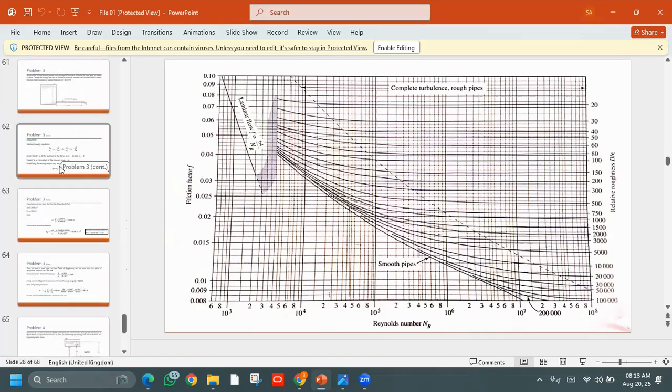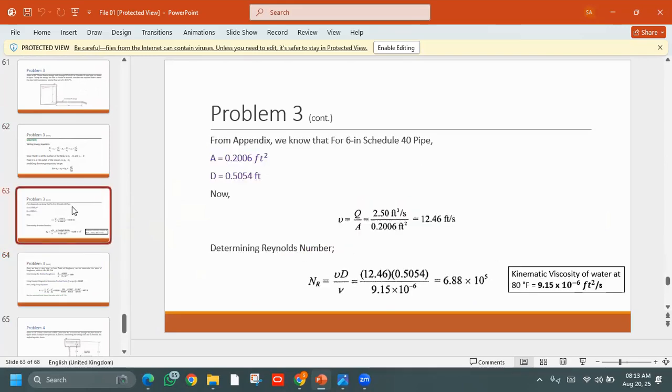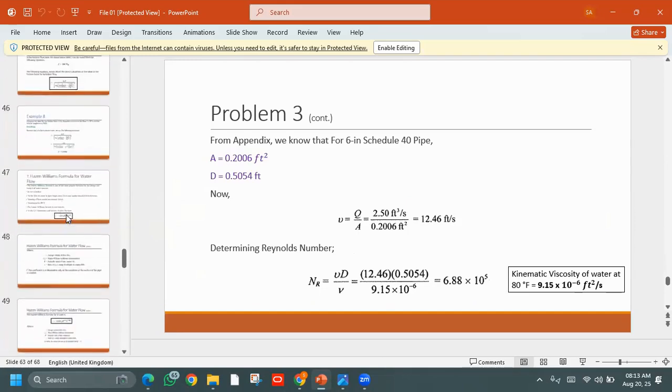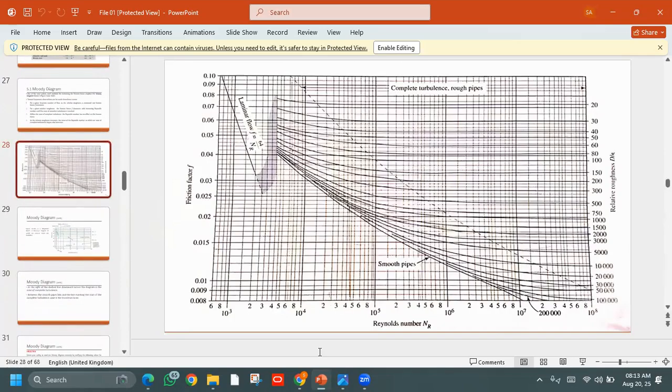You can see that we have the Reynolds number 6.88 into 10 raised to the power 5. So what we need is to see here 6.88 into 10 raised to the power 5, like here. At the x-axis, 6.8 lies between 6 and 8, and here's the 7.